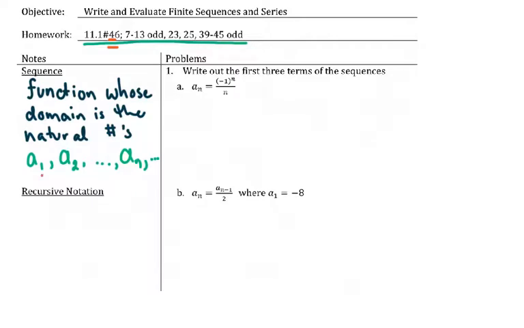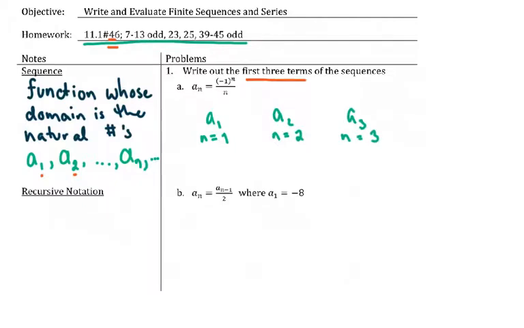You'll notice that that's what's changing in each of these terms. So when we're writing out the first three, what that means is the first one here, a sub 1, this is where n equals 1. And then a sub 2 and a sub 3, those are your first three terms.